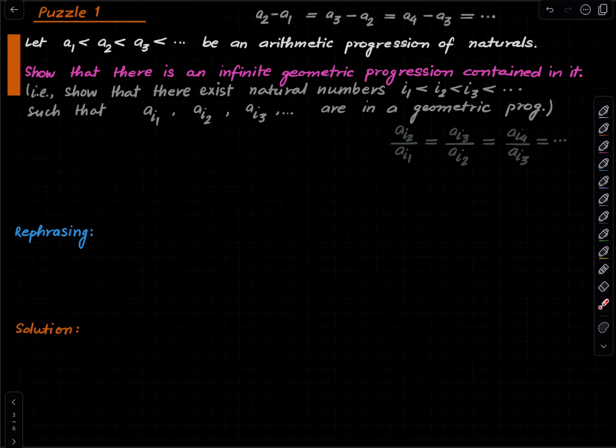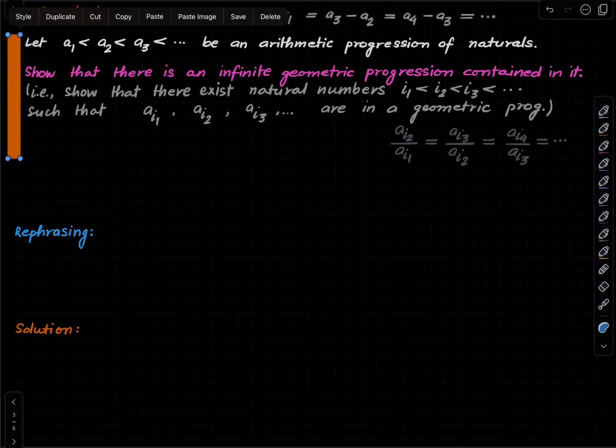So an arithmetic progression is a sequence of numbers where the successive differences are constant. And a geometric progression is a sequence of numbers where the successive ratios are constant. So I hope the problem is crystal clear. And it's a very interesting problem, right? In a sequence of numbers of one kind of pattern, there is a sequence of numbers of another kind of pattern.